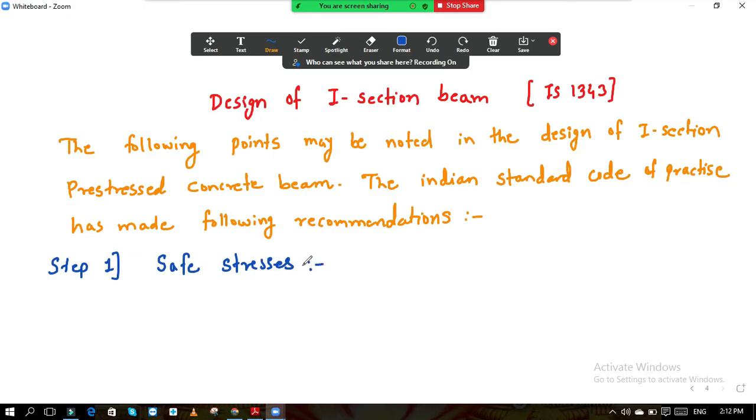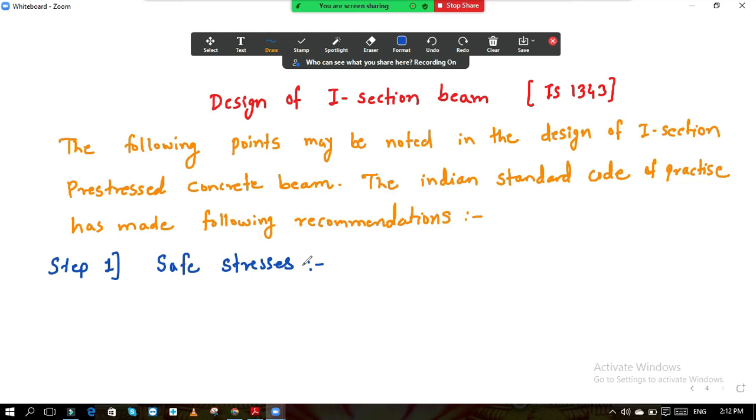So these are the safe stresses in concrete, that is the safe compressive stress in concrete, then safe maximum compressive stress at service stage, and then permissible tensile stress. These are the three types of stresses which are induced in the concrete.